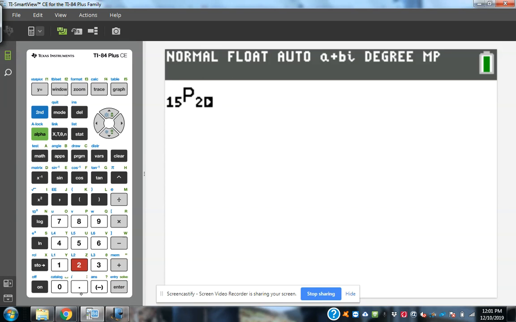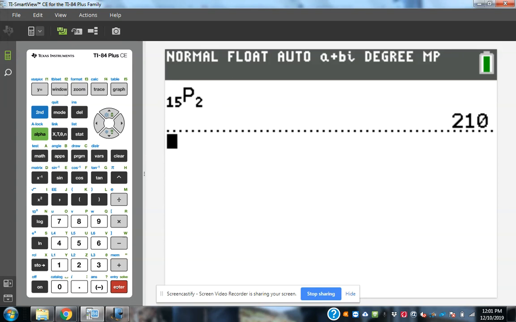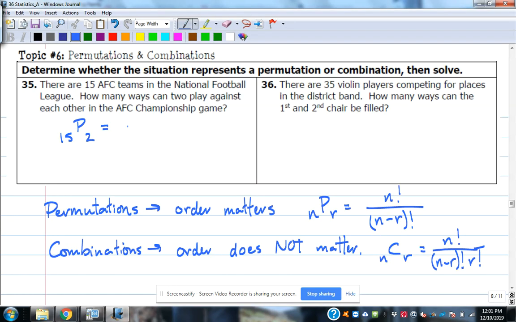So 15, get the NPR button, and then type the 2. If you've got the boxes there, you just put them in that way. Okay, and then when you hit enter, you should get 210 different ways for that game to happen with 15 teams.